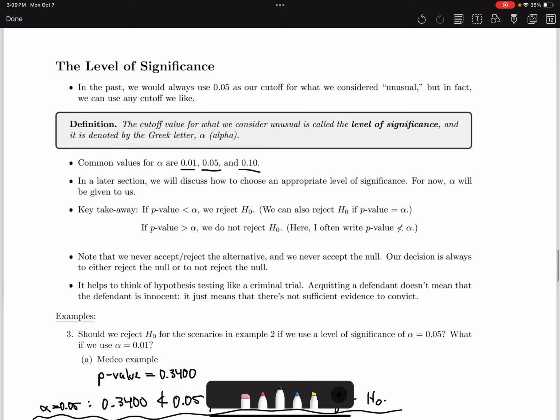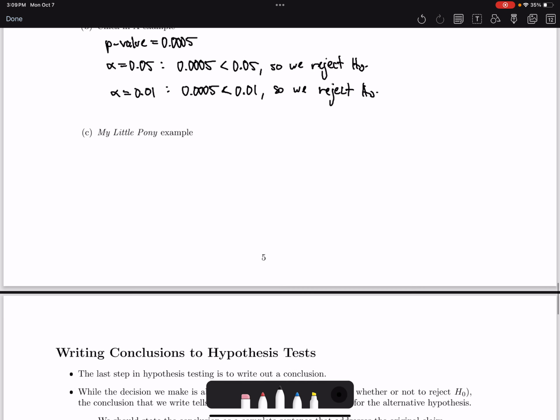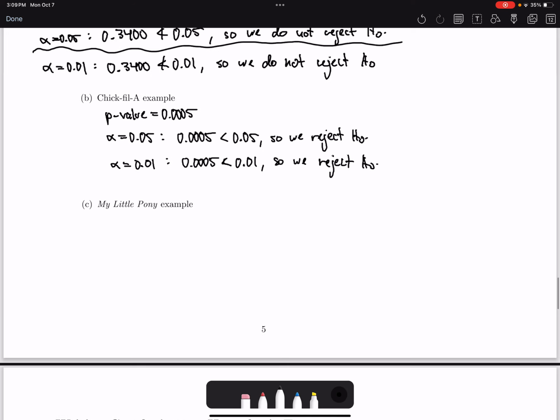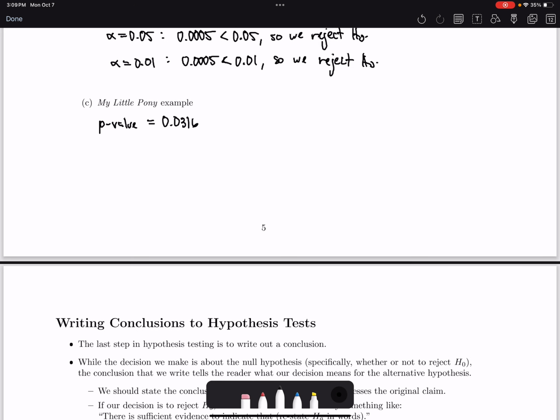Finally, for part C, this is the My Little Pony example, we calculated a p-value of 0.0316. That's right. Well, if the p-value is 0.0316, then at the 0.05 level of significance, we would reject the null hypothesis because 0.0316 is less than 0.05.